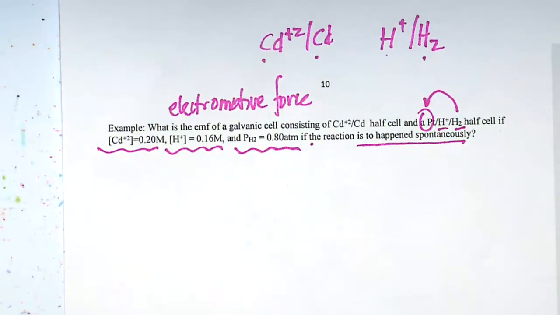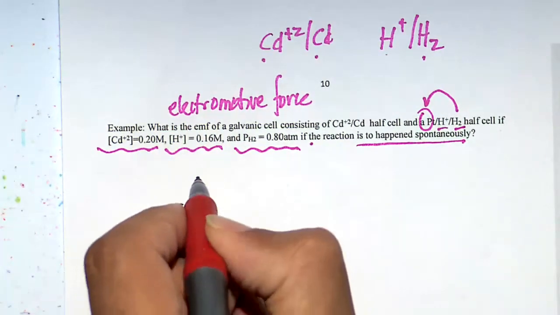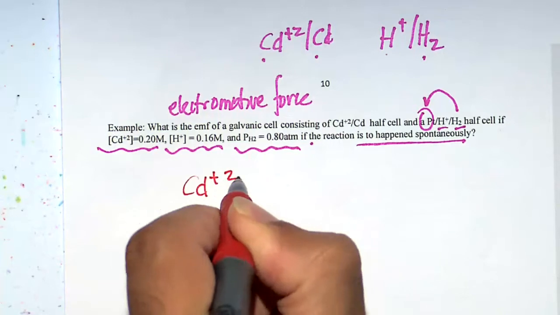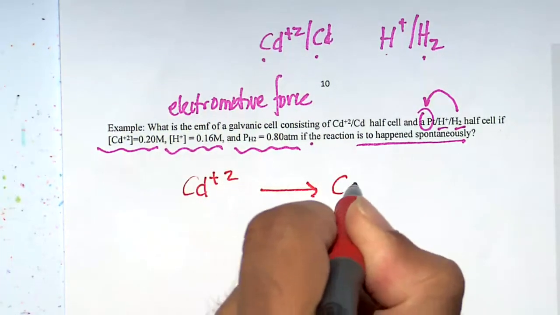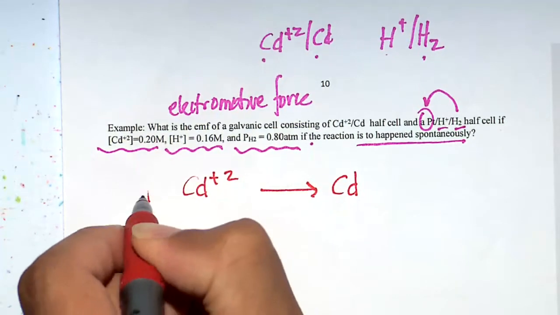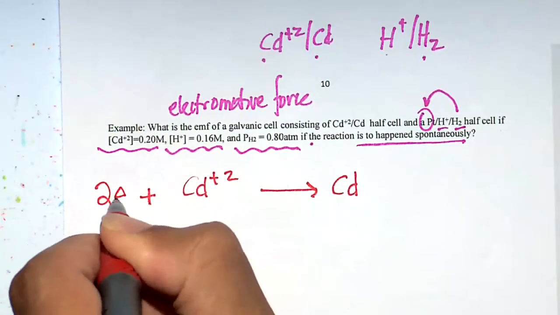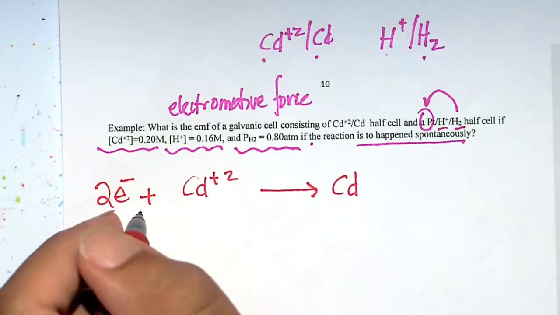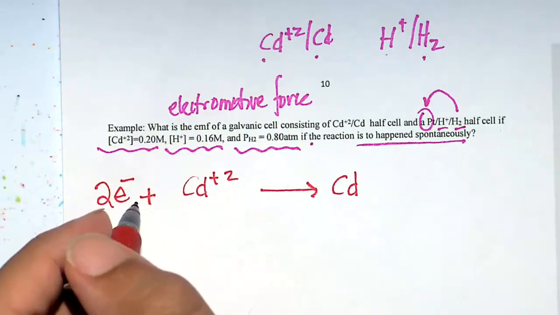All right, we have here cadmium plus 2 going to cadmium. How many electrons and where? Okay, 2 electrons on the reactant side. Everyone see that? That balances this out.